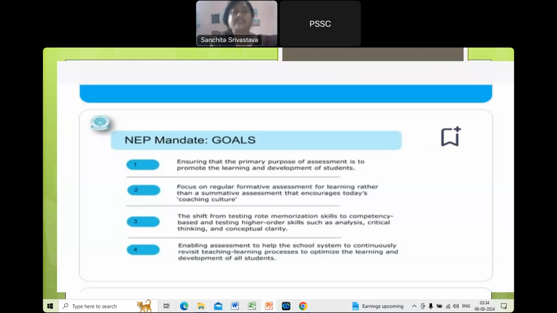Yes. Now, the shift from testing rote and memorizing skill to competency based and testing higher order skills such as analysis, critical thinking, and conceptual clarity. Now, when we talk of higher order thinking and lower order thinking, what is the taxonomy that gives a clear idea?